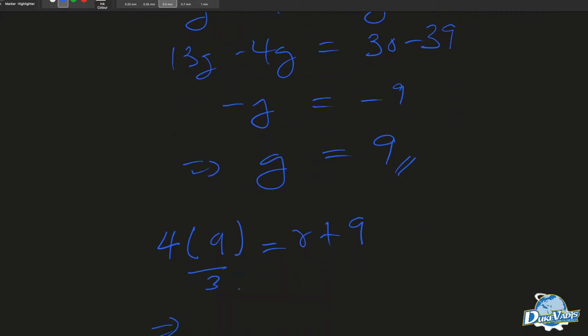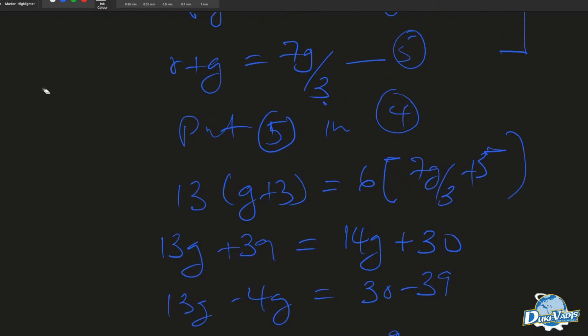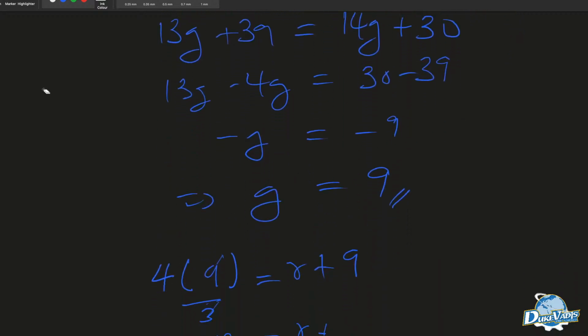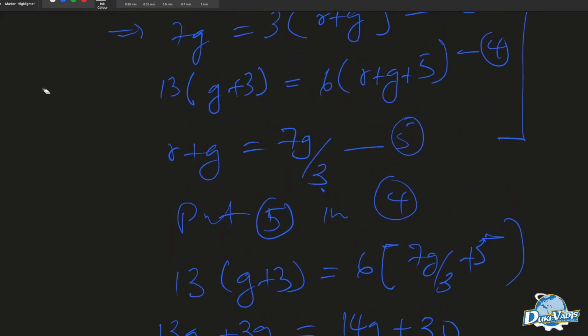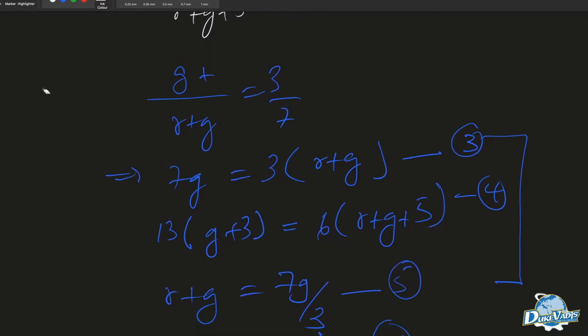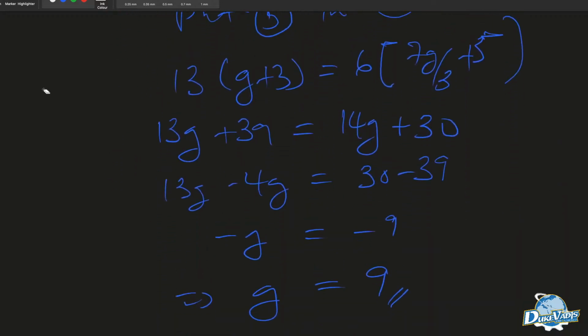So 3 goes into 9 three times, and 7 times 3 gives 21. So we get 21 is equal to R plus 9.